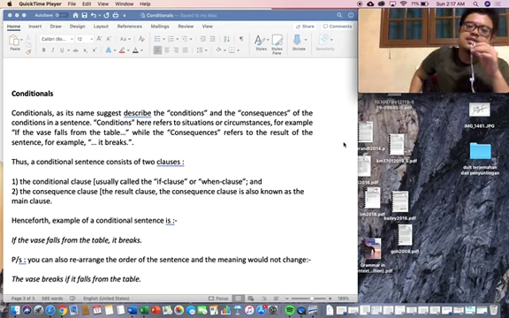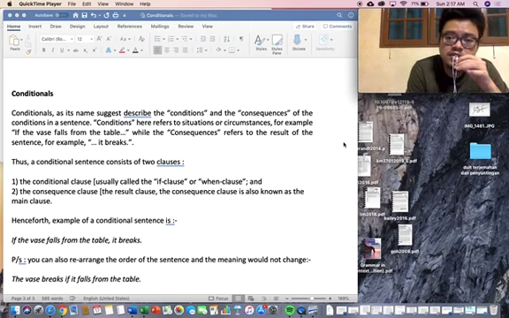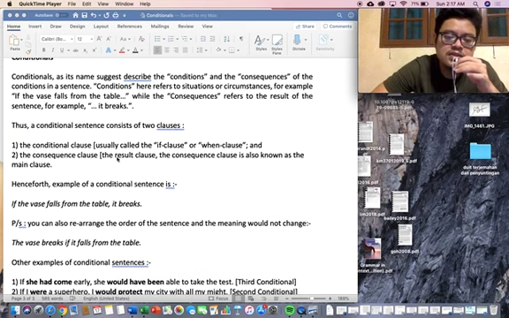A sentence with conditionals usually consists of two clauses. The first clause is the if clause or the when clause. You can use either of the two here. Those are the ones commonly used, but there are other conditional phrases as well.